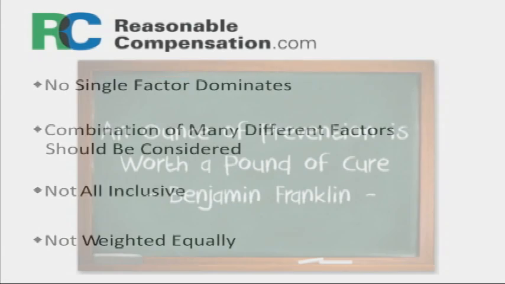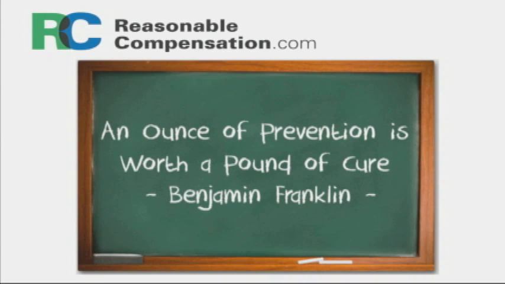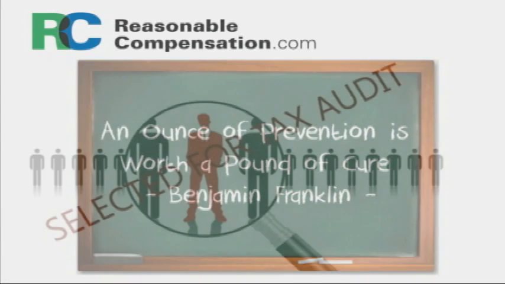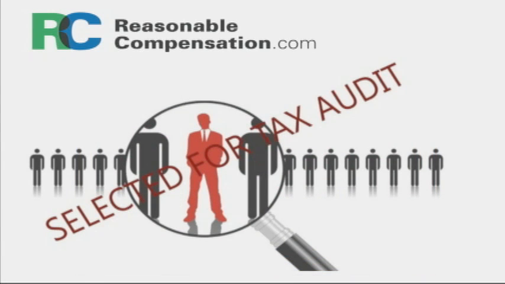Just like the old adage that says an ounce of prevention is worth more than a pound of cure, the best assurance that wages paid will be deemed reasonable is to anticipate and prepare in advance for an IRS inquiry or audit.